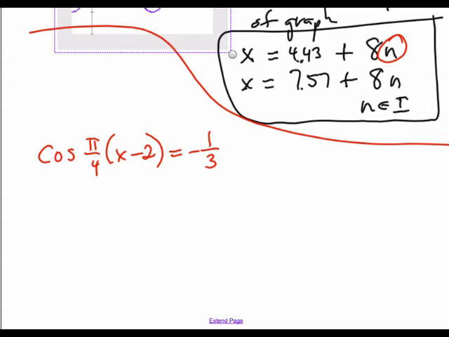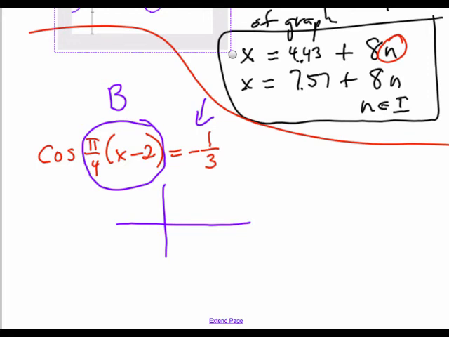So I brought back my original equation, and I'm going to think of this entire piece as my big angle, B. Angle B has a negative cosine ratio when the angle is in quadrants 2 or 3.